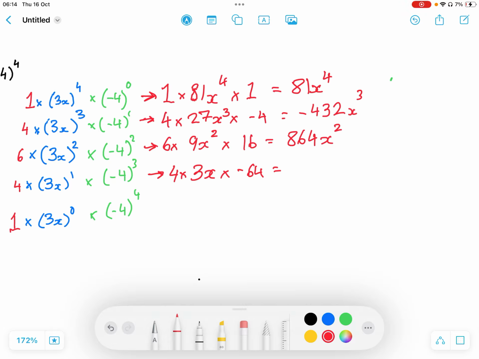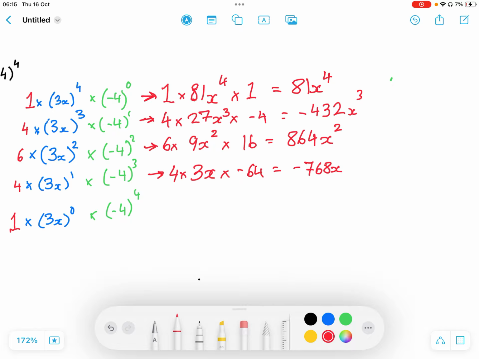Well, 64 times 10 is 640. 64 times 2 is 128. So 640 plus 128 is 768. I think I've done that right. So then it's going to be negative 768x. It's going to be embarrassing if I've got these wrong. 4 times 3 is 12. Yeah, 640 plus 128. Yeah, that's right.